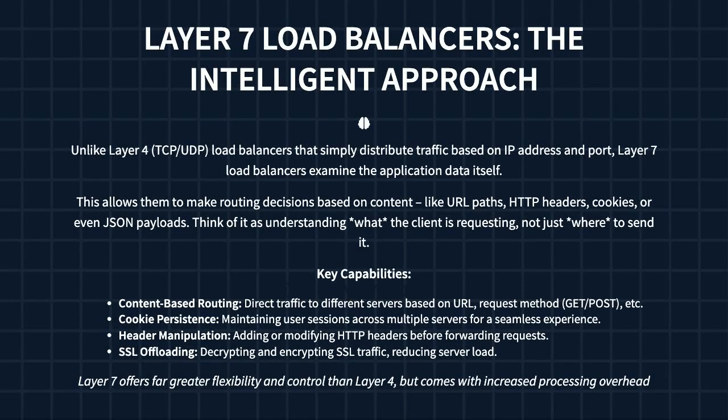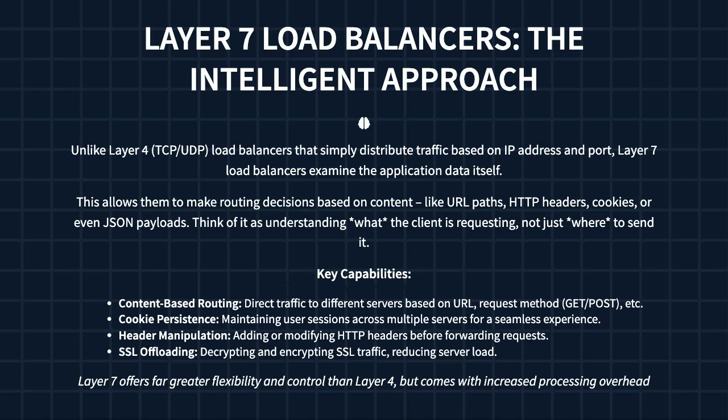Okay, let's talk about how Layer 7 load balancers work. They're a step up from the more basic Layer 4 ones. Instead of just sending traffic based on IP address and port numbers like a simple postal service, Layer 7 examines the actual content of the request. Basically, it understands what the user is asking for.